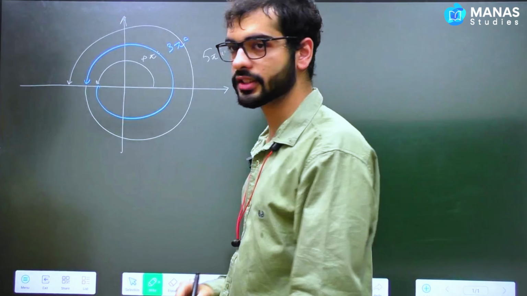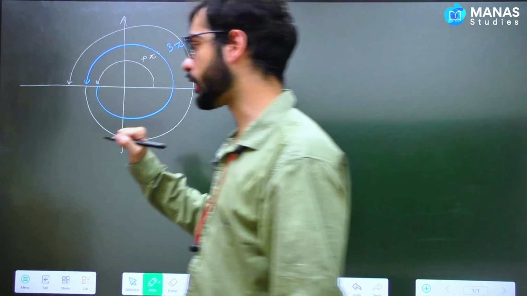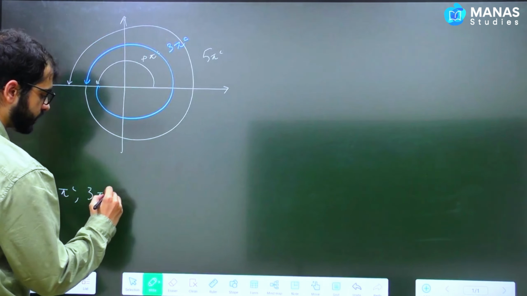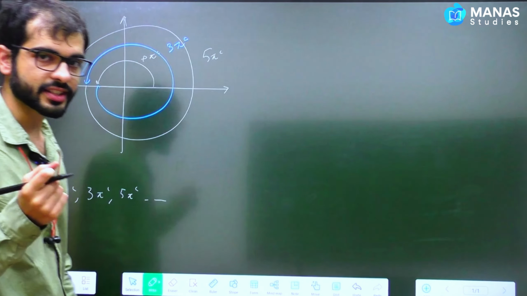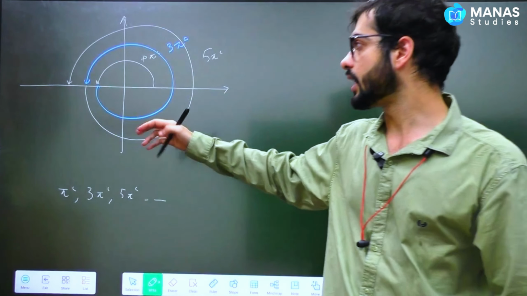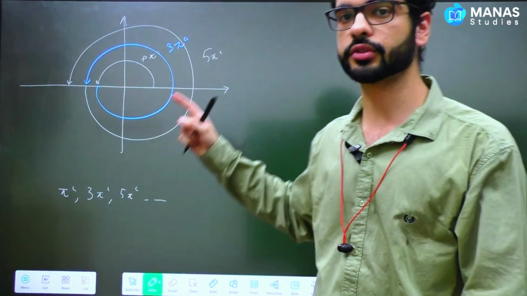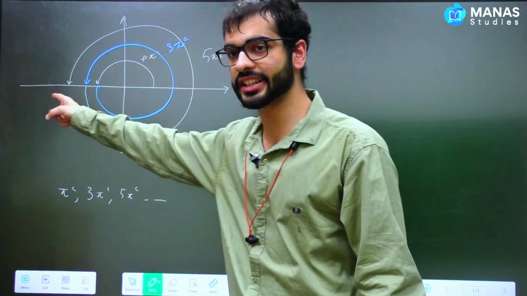So if someone asks me what are the angles corresponding to negative x-axis, then I am going to write down pi radians, 3 pi radians, or 5 pi radians, and so on. The point which we just discussed was that more than one angle can correspond to the same straight line. As we saw in the positive x-axis case, various angles correspond to this line. Similarly, we can say that various angles are going to correspond to negative x-axis.